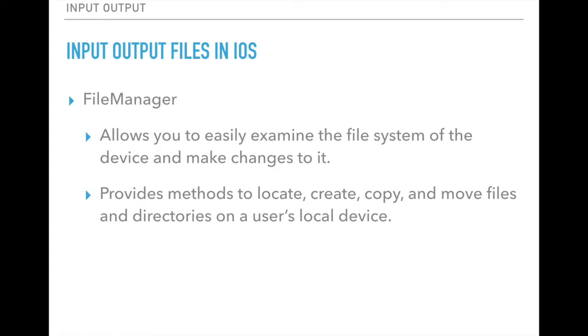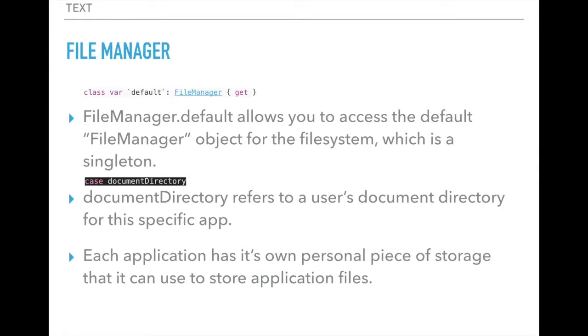And then input-output files. I made slides for this, but I think you guys already went over this. You basically have a FileManager, and this allows you to examine the file system on a user's device. It allows you to locate, create, copy, and move files, which you've probably gone over in your persistence class, and just all of these different methods. Default basically retrieves that singleton object, which is the file manager.